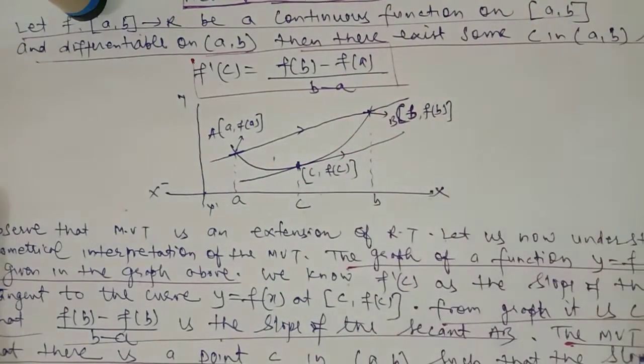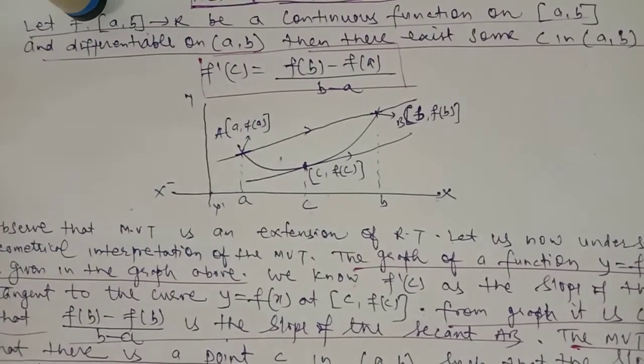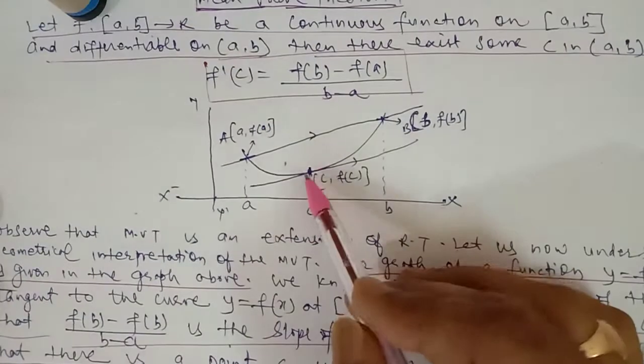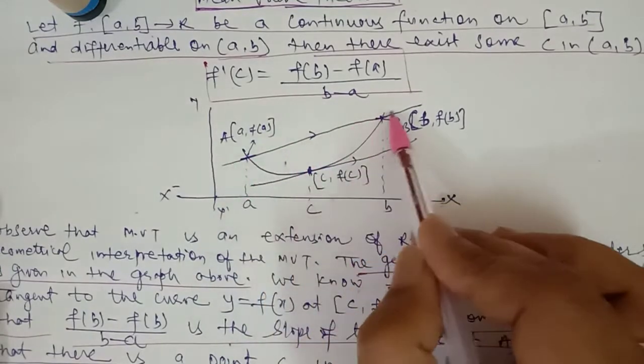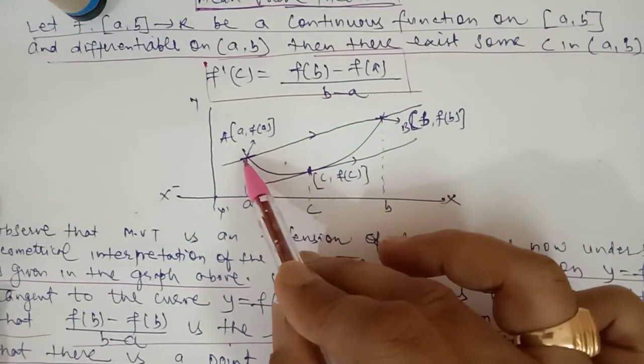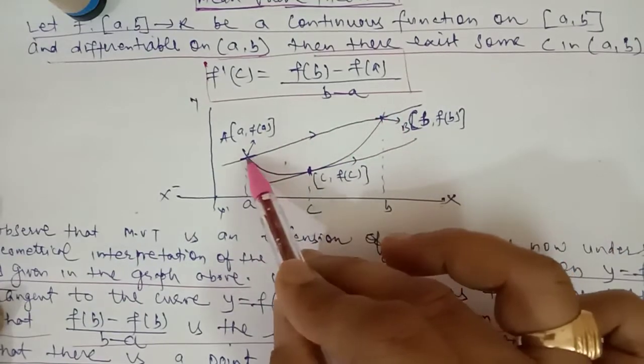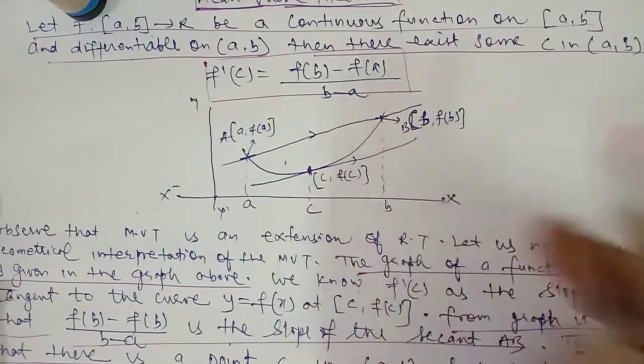This is the geometrical meaning of the mean value theorem. There is a point c on this graph at which the tangent is parallel to the secant joining these 2 points a and b.